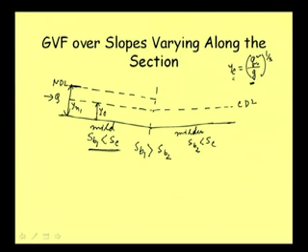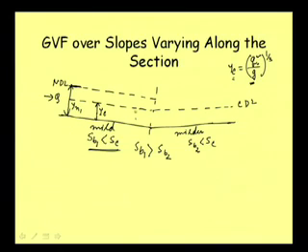So, as far as YC is concerned, I am not using any index YC1 or YC2, because critical depth is the same whether it is on the first section or on the second channel portion. So YC is YC. For YN, I am writing YN1 and YN2.